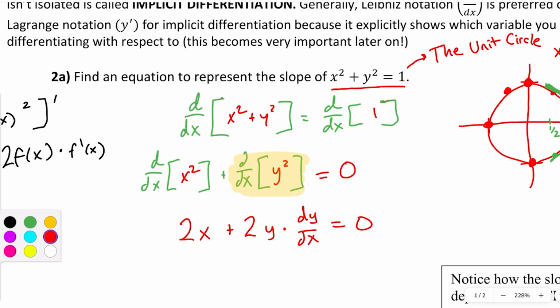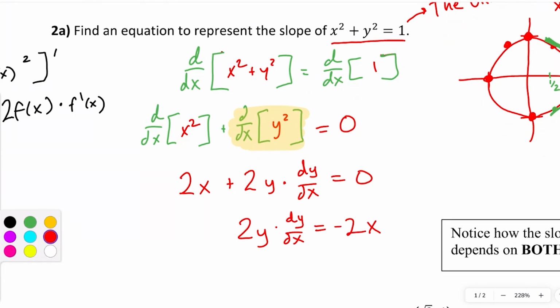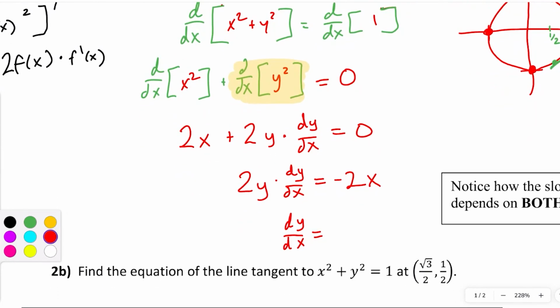So this is just going to take a couple little algebraic steps here, but we want to get dy dx by itself. So we're going to subtract 2x, and then we're going to divide by 2y. So first I'll subtract 2x from both sides. And then divide both sides by 2y. So I get dy dx equals 2 divided by 2 would be 1.